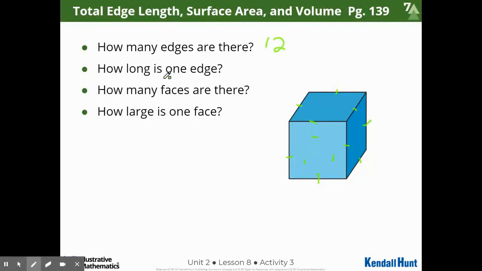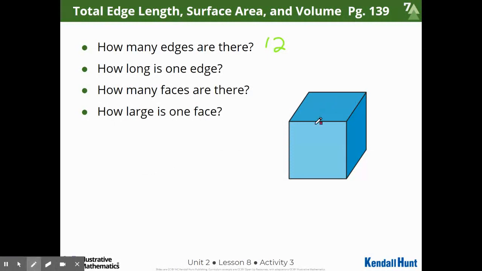So how long is one edge? Well, we're given that in the next problem. What about faces? How many faces do we have on this? It's kind of like a die. We know that dice have how many faces? Just a traditional die, not like a Dungeons and Dragons die or something like that.